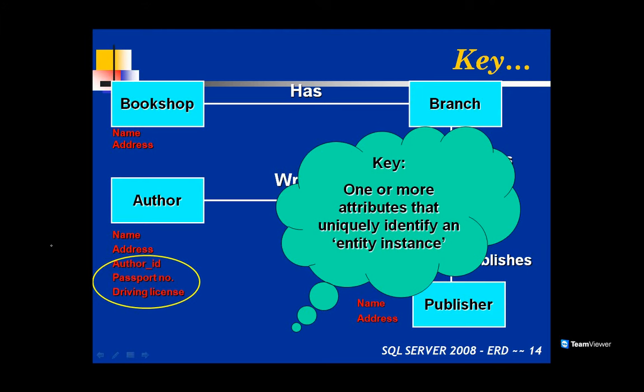All of these store unique values. But out of author ID, passport number, and DL number, what is the primary key? The primary key would be author ID, because every author will have an author ID. That would be the primary key.